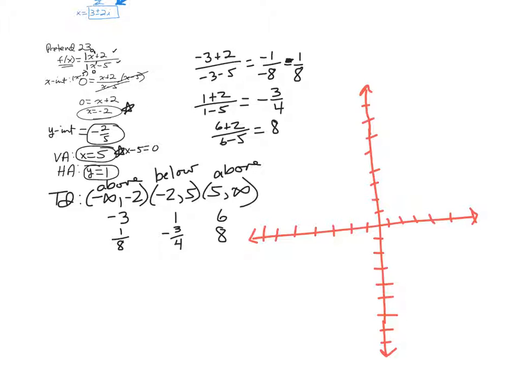I had an x-intercept at negative 2, and I had a y-intercept at negative 2/5. Let's put our asymptotes on the graph. X equals 5. It's way out here. And y equals 1.